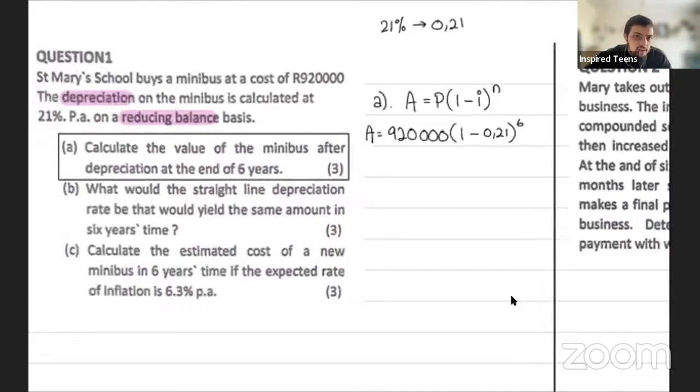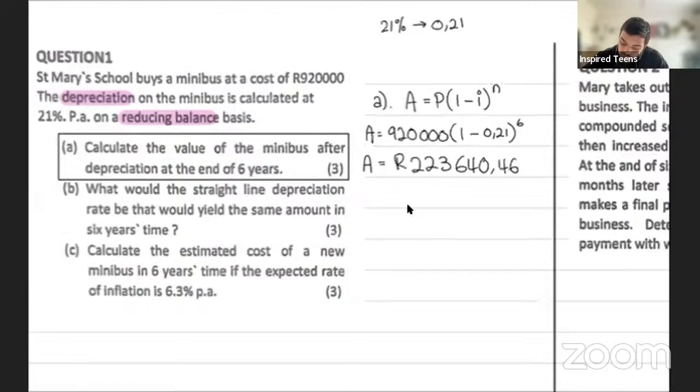Effective interest is compounded yearly, meaning there are yearly payments. So the number of payments is going to be the same as the number of years. After we do this calculation, after 6 years, this 920,000 on a depreciation rate of 21% is going to depreciate to a sad value of 223,640.46.